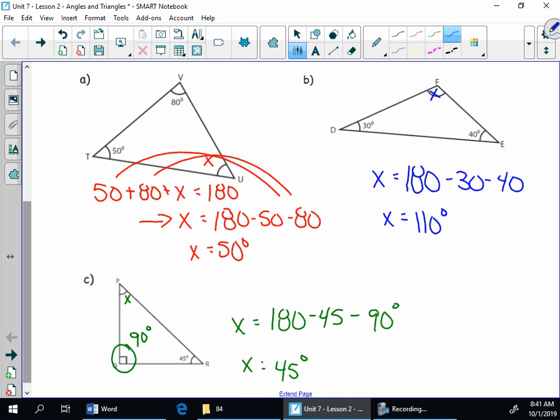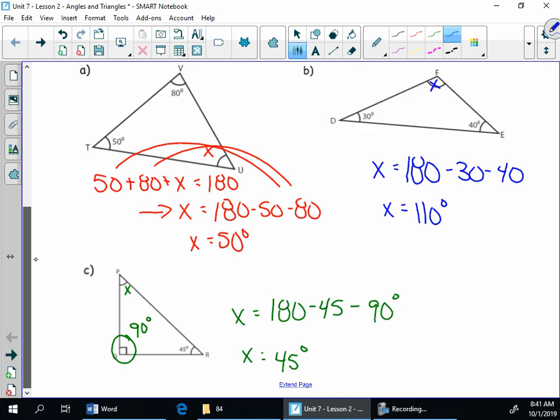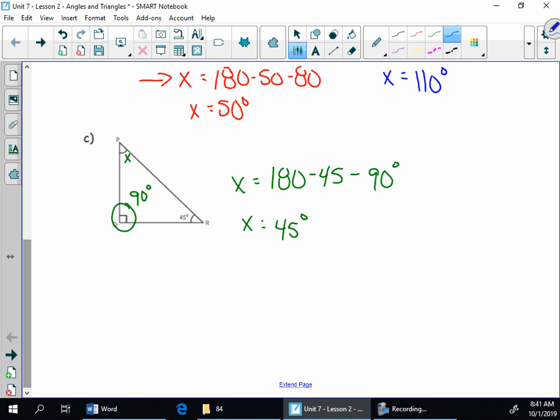Well, it turns out, in this last question down here at the bottom, that x was 45. So if I put a 45 in here, because that's what we solved it to be, right? Here's my 45. Well, that means this angle and this angle are actually the same, which means this side has to be equal to this side.